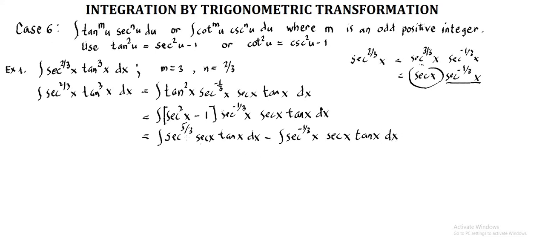Okay, so dito sa mga integral na ito, pag nag-let u tayo equals secant of x, magkakaroon tayo ng derivative na secant x tangent x dx. So, magiging integrable na yung bawat integral na ito by power rule. So, let u equals secant of x.